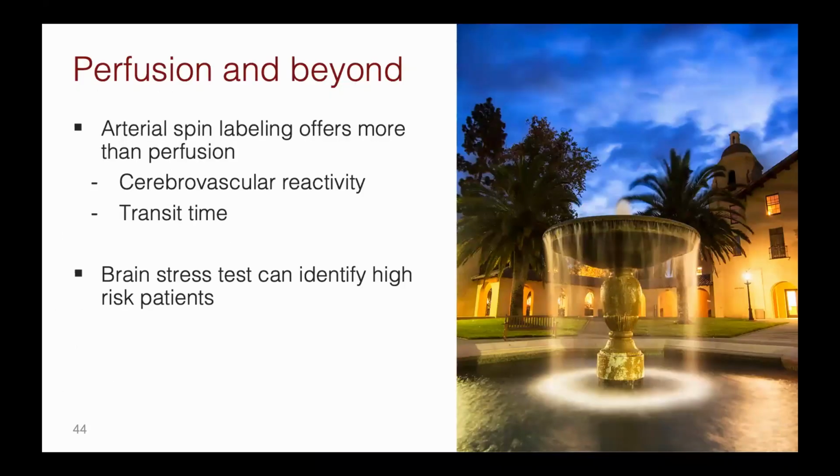Now, these data actually inspired me to believe that ASL offers a much richer information than just perfusion itself. Now, with the advent of newer and better technologies, we will be able to harvest this power and bring it more closer to our patients for longer and healthier lives.